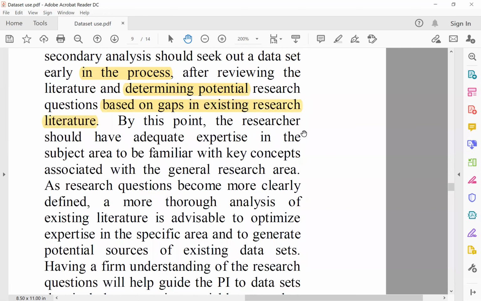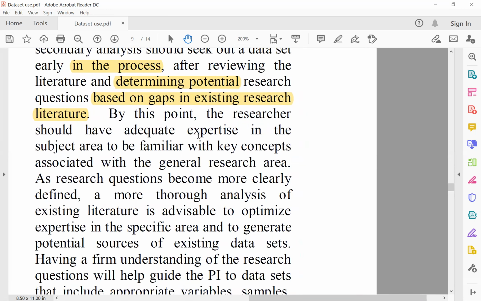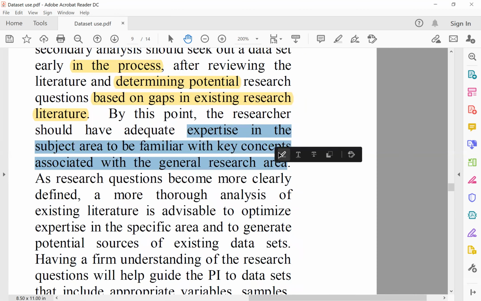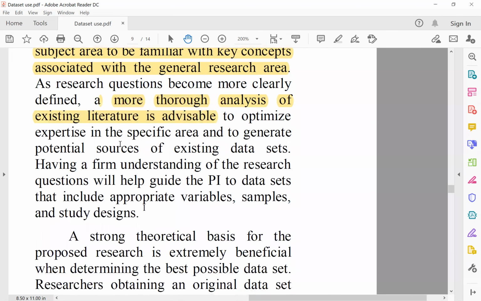By this point, the researcher should have adequate expertise in these subject areas to be familiar with key concepts associated with the general research area. As research questions become more clearly defined, a more thorough analysis of existing literature is advisable to optimize expertise in the specific area and to generate potential sources of existing datasets.